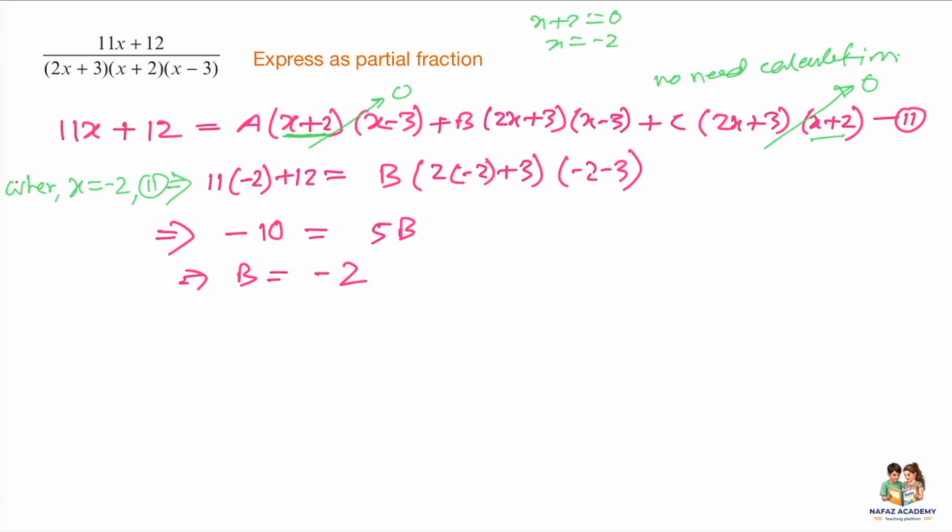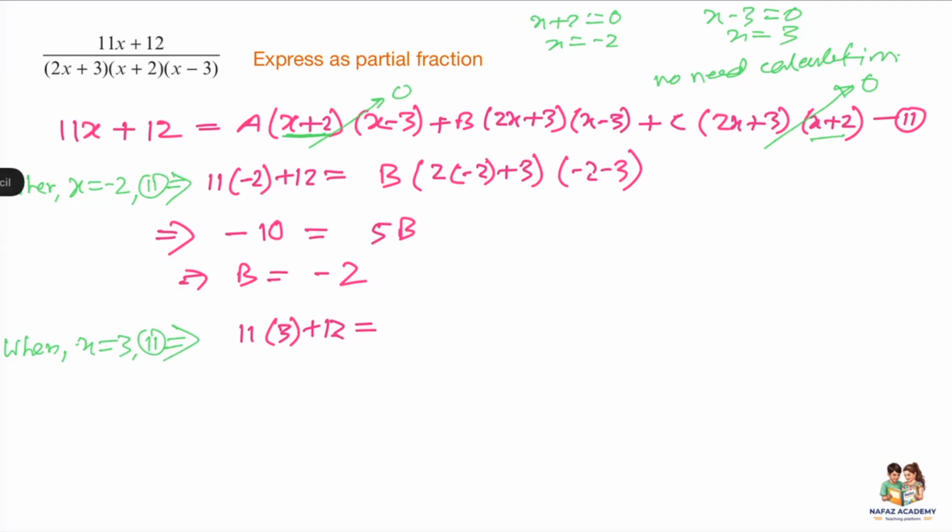Now the final part, put the value for x minus 3. That is, x minus 3 equals 0, x equals 3. Put the value x equals 3 in equation 2. Can you tell me which parts will be 0 on the right side of equation 2? The x minus 3 part is in B and A, right?